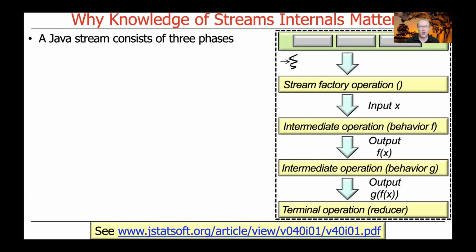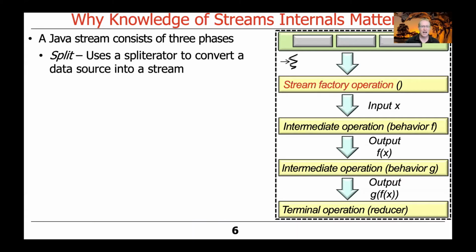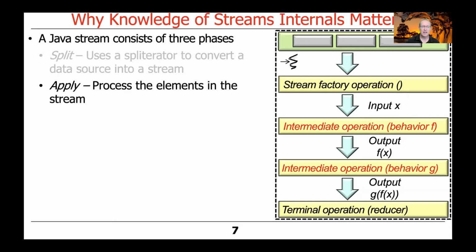So if you recall, a Java stream consists of three phases, which are described in the link at the bottom of the slide. The first phase is the split phase, where it uses a mechanism called a spliterator. It's actually part of a framework that converts a data source into a stream. Then there's the apply phase that processes the elements in the stream. For sequential streams, those are all done in one thread.